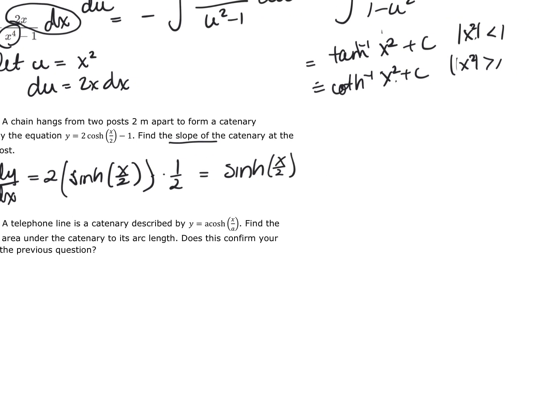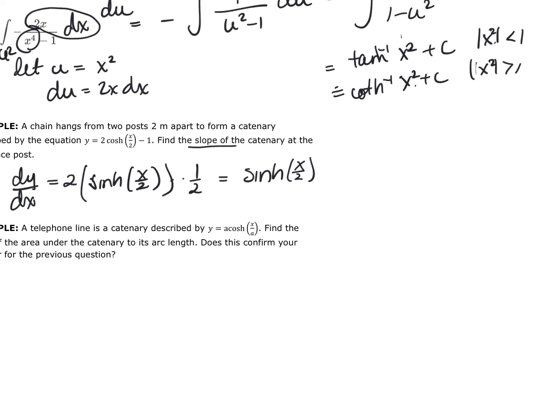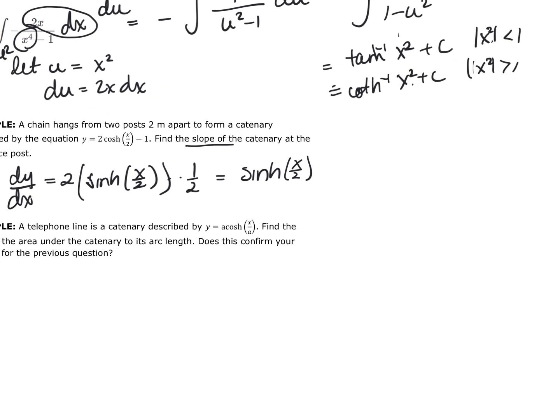Now, since I have the 2 meters, I'm looking at 2 meters apart. So if I want to draw a quick little picture, 2 meters apart, I'm going to make an assumption that it's going to touch the x-axis at 0. That means from here to here is 1 meter, because the entire distance from post to post is 2 meters.